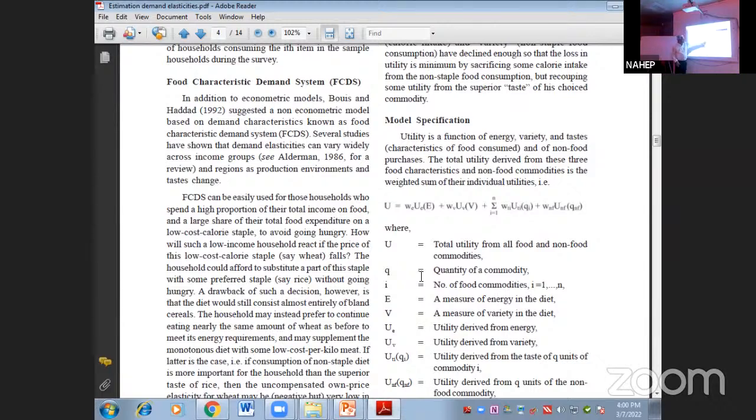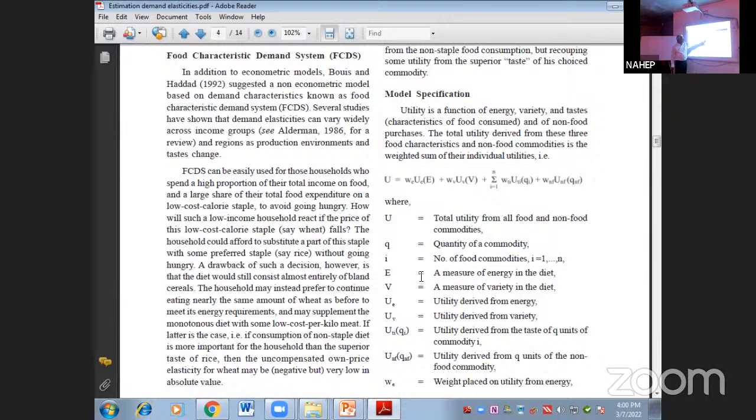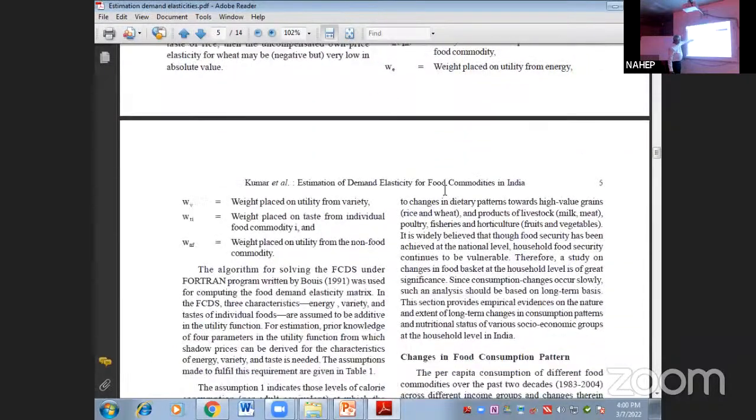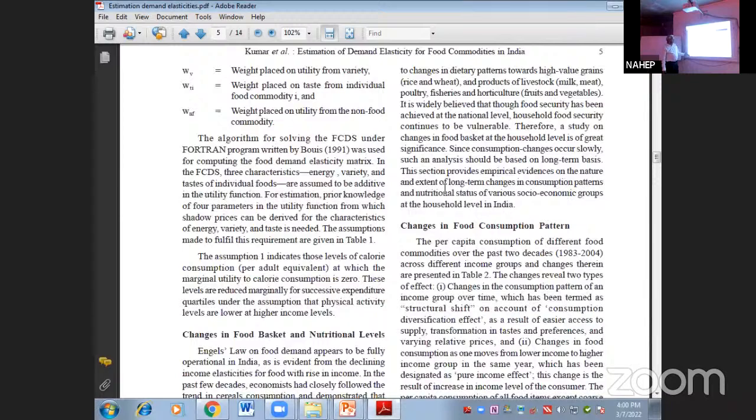Now it is a food characteristic demand system, in which utility is a function of energy, variety, quantities, and non-food items. And then we develop the SM matrix out of this. So from there, we estimated all this. For this, you have one policy paper 98, IFPRI demand supply projections.